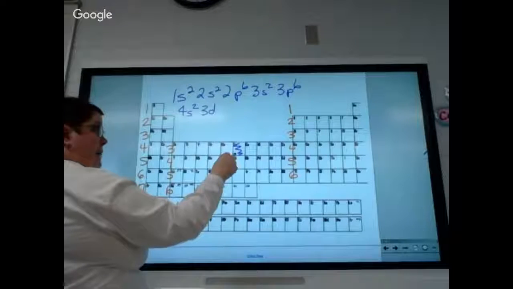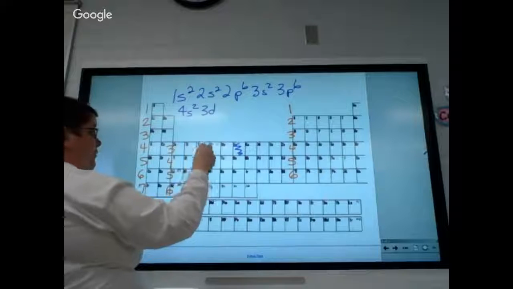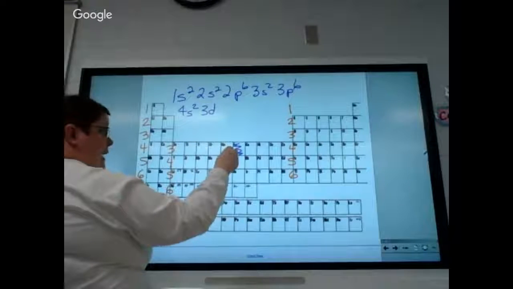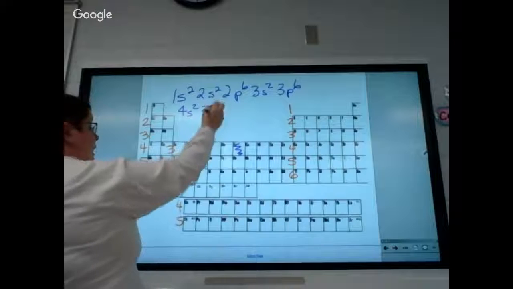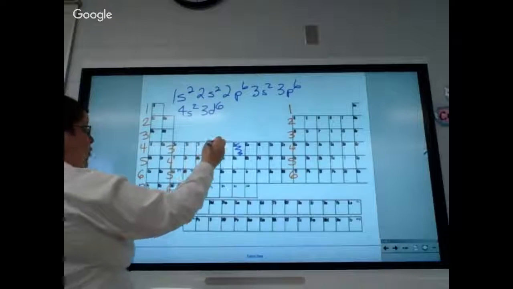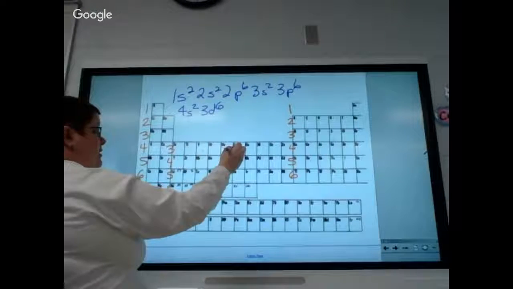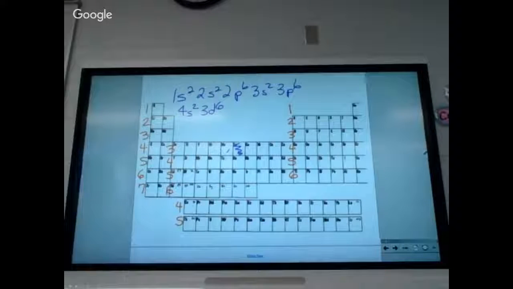Y'all said we were doing iron. Count the iron: 1, 2, 3, 4, 5. Iron is number 6. So you say 3d6.